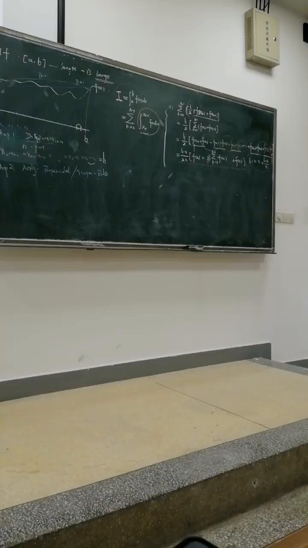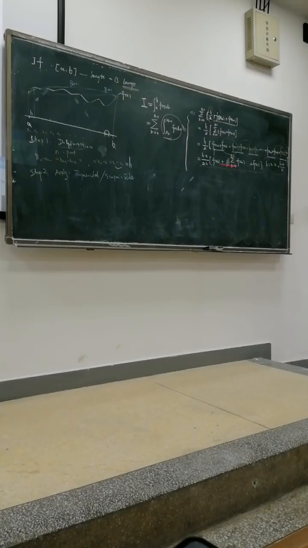If we apply the trapezoid rule to this long interval, this is called the composite trapezoid rule.